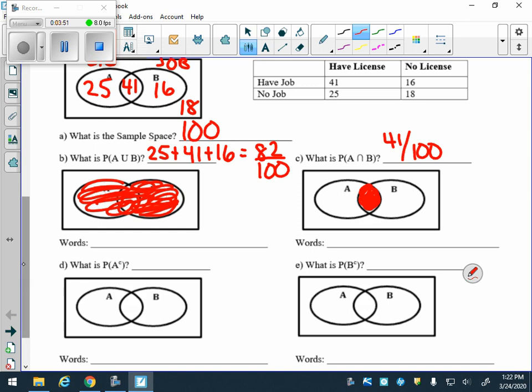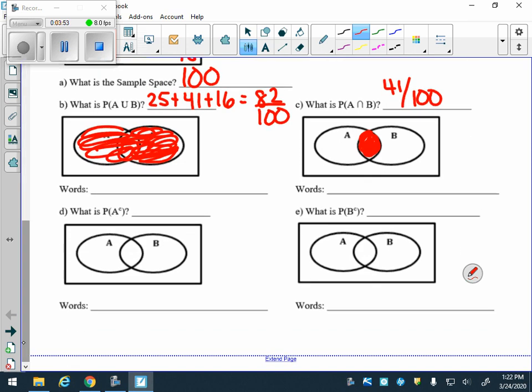Okay. Now we get into the complement. For D, that means what is the probability of not in A? So the probability that a student does not have a license. So what would I be shading in?